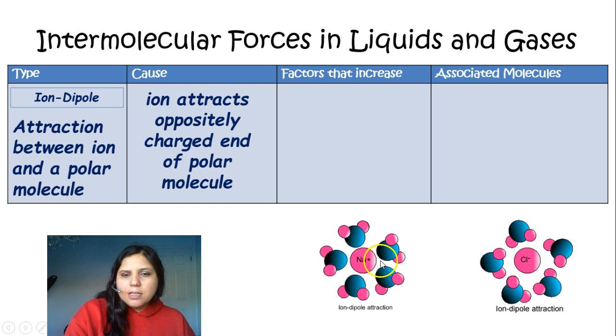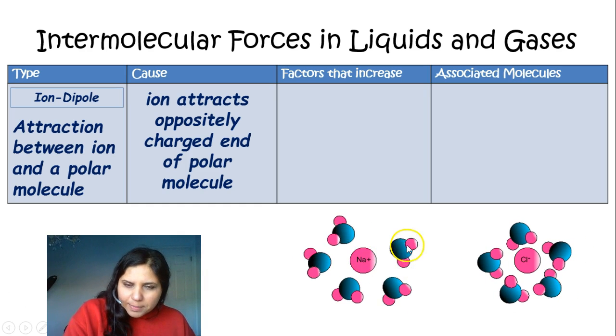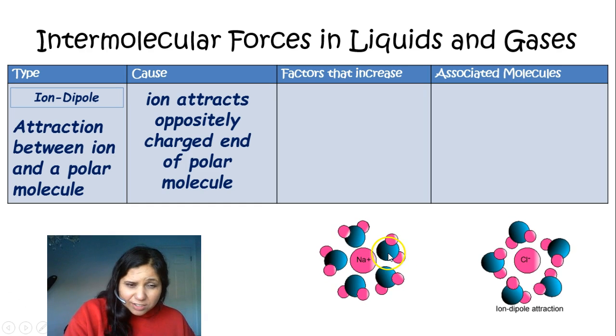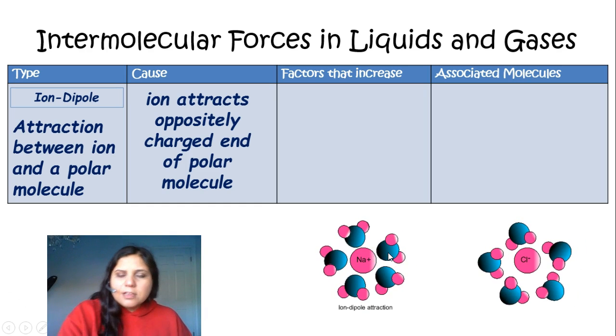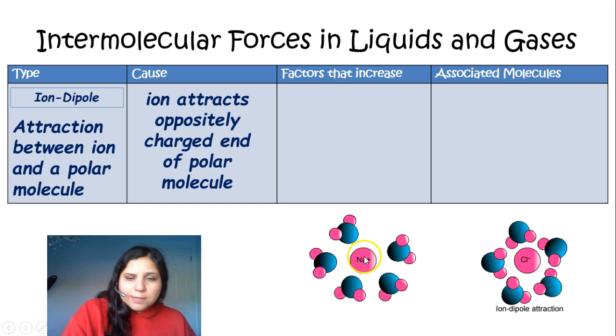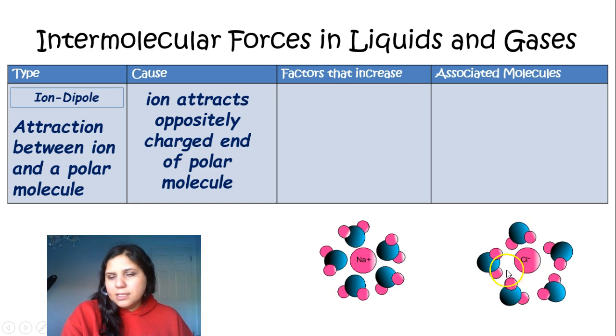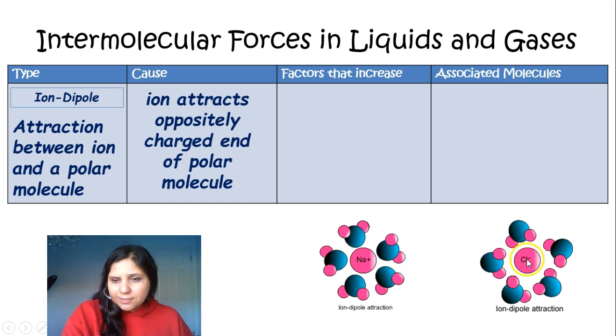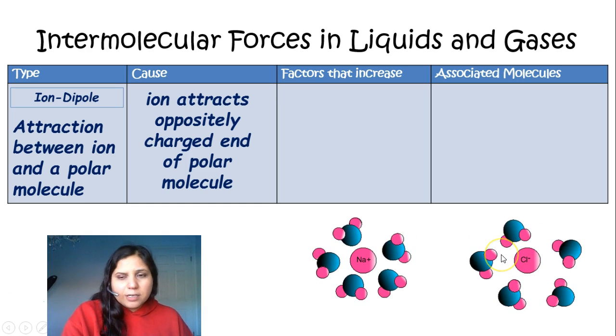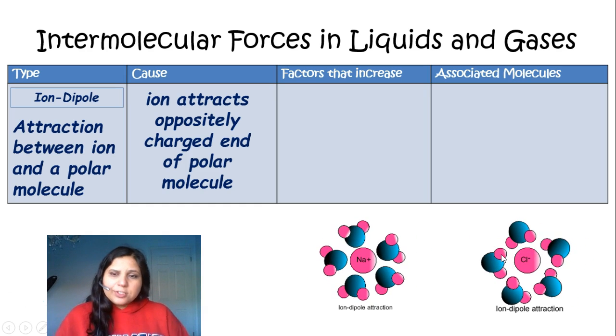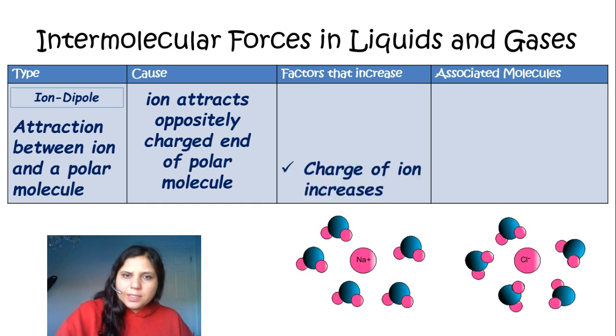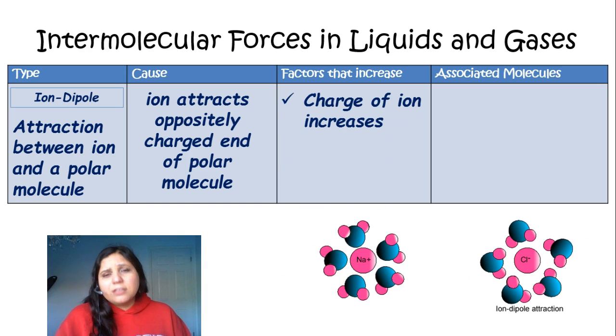These negative ends, which is the oxygen, because oxygen's more electronegative, are attracted to the sodium and they surround it. In this one, chlorine's negative, so the positive ends of water are attracted to the chlorine, which is the hydrogen in water.